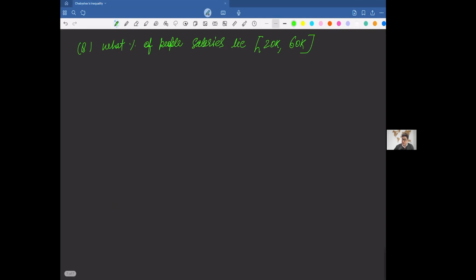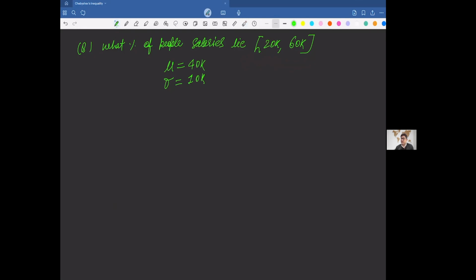So let's suppose mu is equal to 40K and sigma is equal to 10K, just for the sake of understanding. So here I want to understand this question: what percentage of people's salaries lie between 20K and 60K.